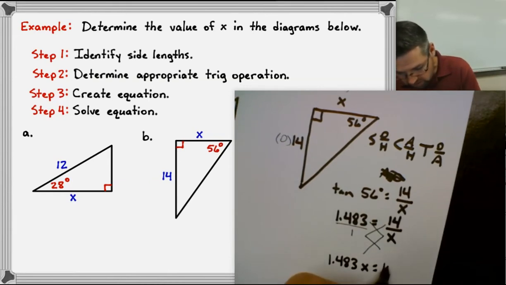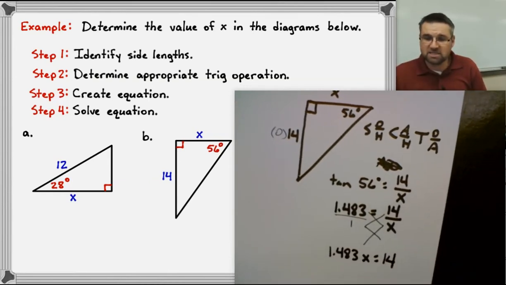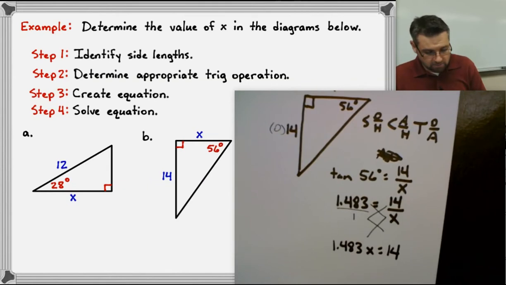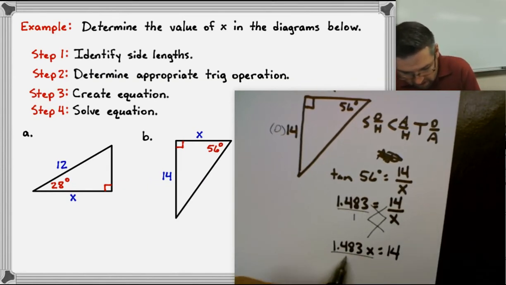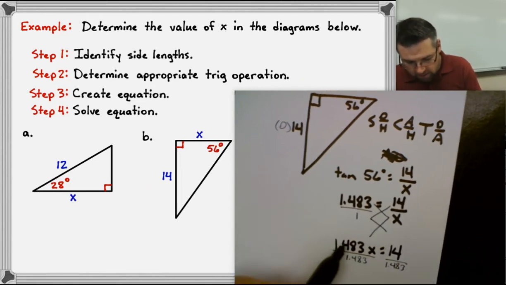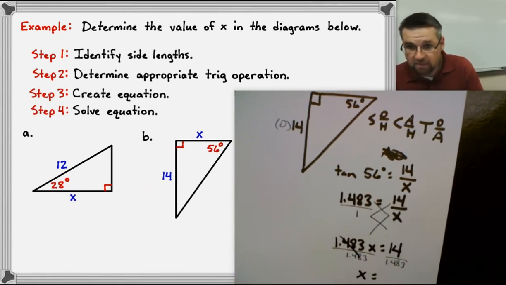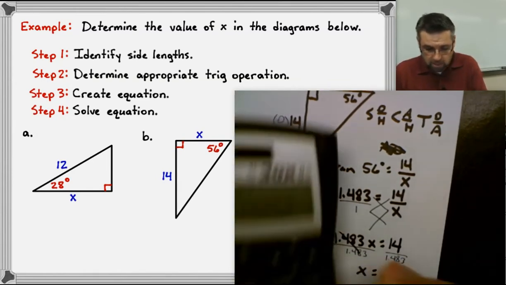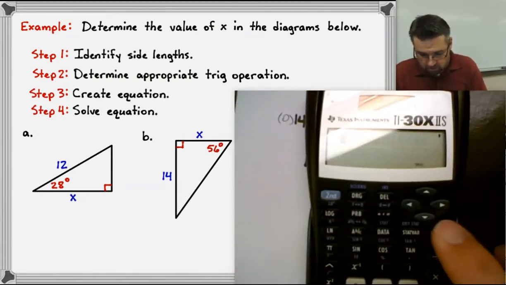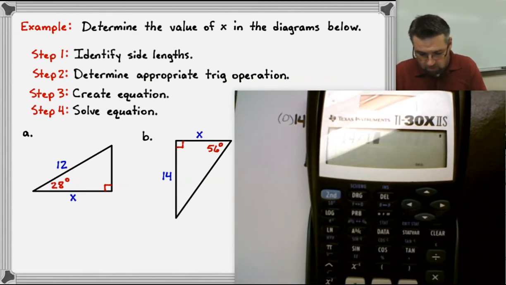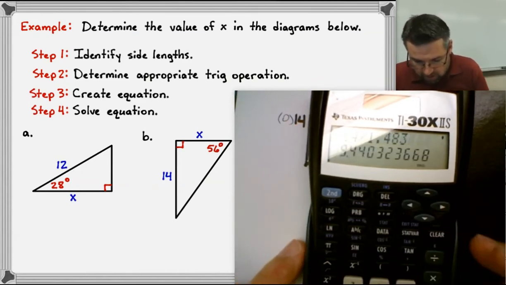Well, that's 14. Now I'm not done yet because I need to get x by itself. How do I get x by itself? I need to divide by 1.483 on both sides. This side reduces to x, and then I'm going to use my calculator again and say 14 divided by 1.483, and hit enter.